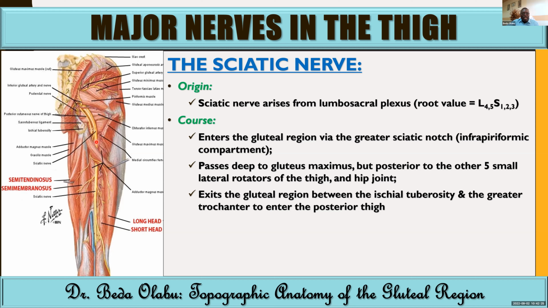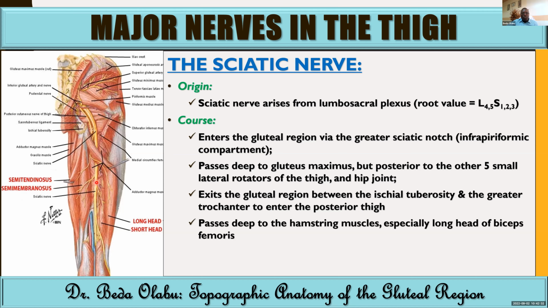Now, when it enters the thigh, it enters the posterior compartment of the thigh, deep to the hamstring group of muscles, and especially deep to the long head of biceps femoris muscle.